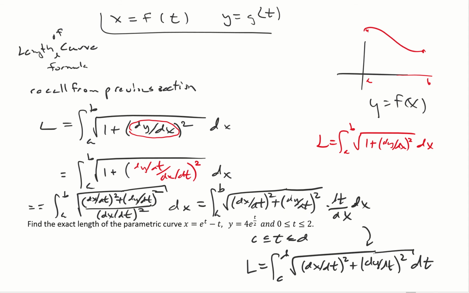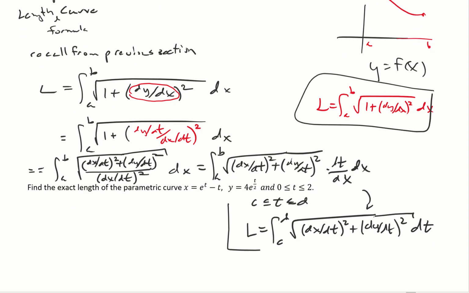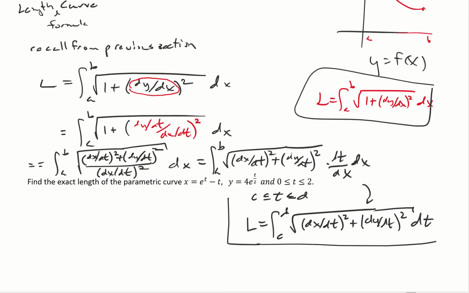And that's your formula. Okay, so now we have another length of curve formula. We have one up here, and there's another one right here. There's going to be a third one with polar coordinates, which is coming up next video.